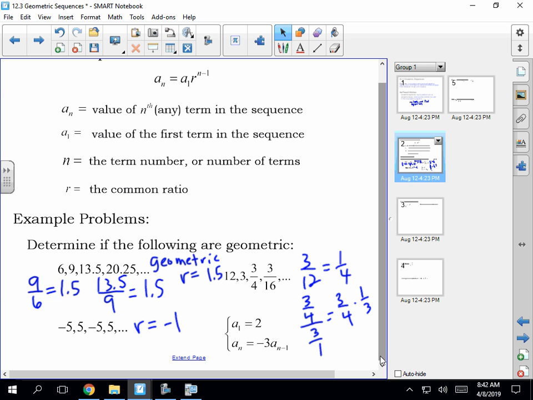Does it work for 3/16 over 3/4? It has to work for all the ones listed. Looks like it does. So this one's r equals 1/4.